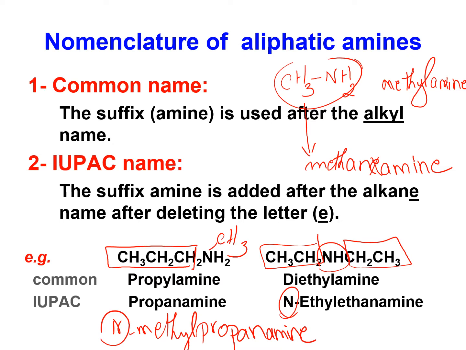A number is usually applied to the substituents on the parent chain, on the propane here. If I add a chloro, then this is the 2-chloro-N-methylpropanamine. So the numbers will be applied to the chain, and a letter N will be applied to the substituents on the nitrogen.